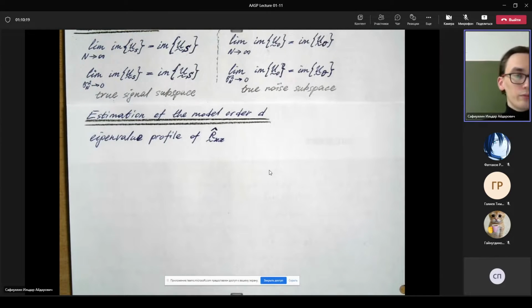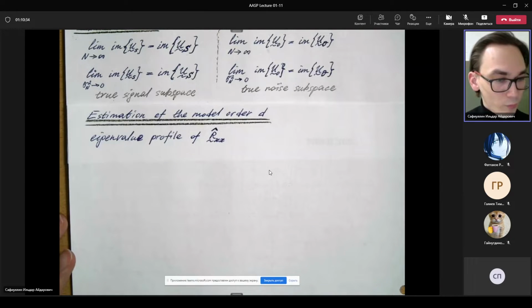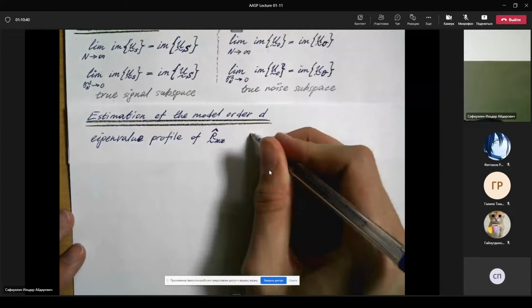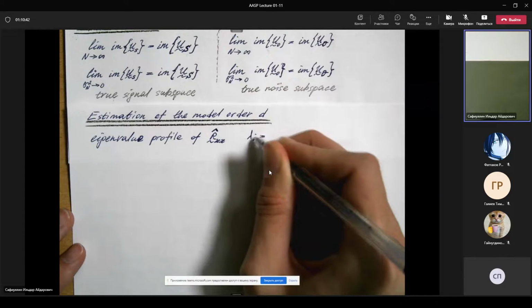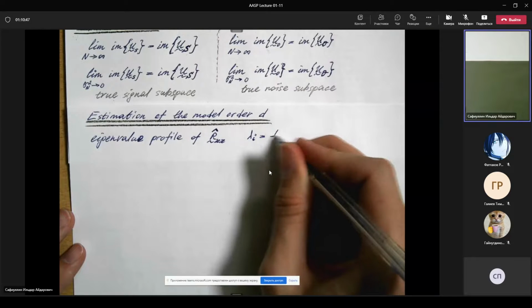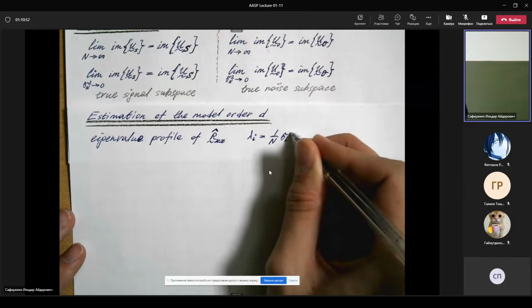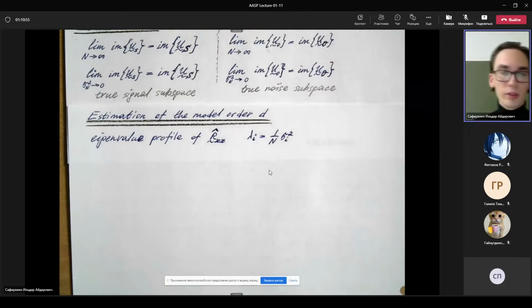And of course, we can get these eigenvalues using singular value decomposition of X, and then recalculate singular values into the eigenvalues. So let's show that. Eigenvalues lambda i is equal to 1 divided by n times the singular value squared.